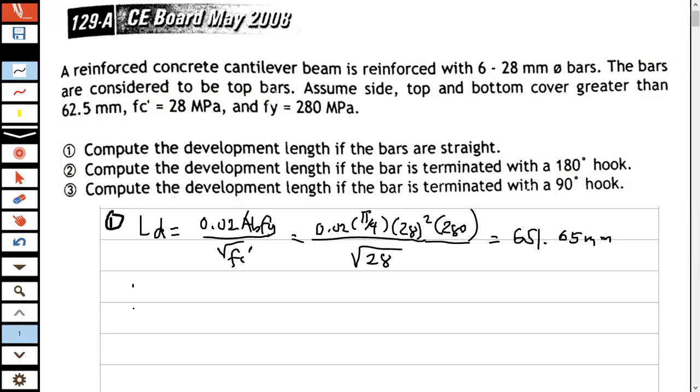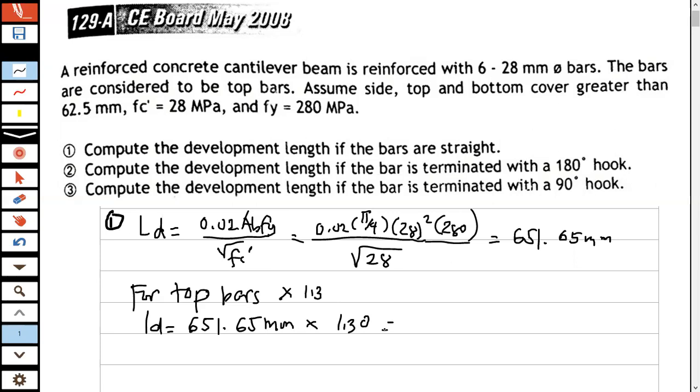So for top bars, we have to multiply by a factor of 1.3. So LD is equal to 651.65 millimeters times 1.3. So we'll have 847.